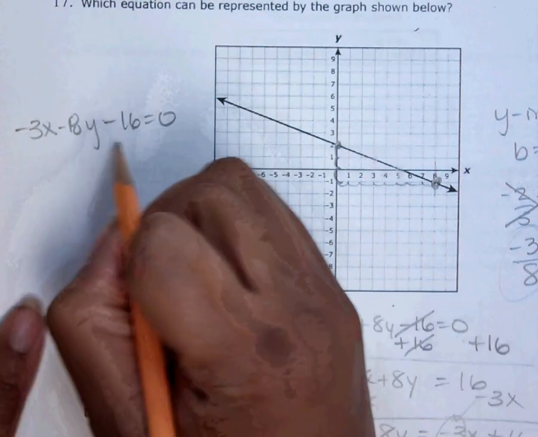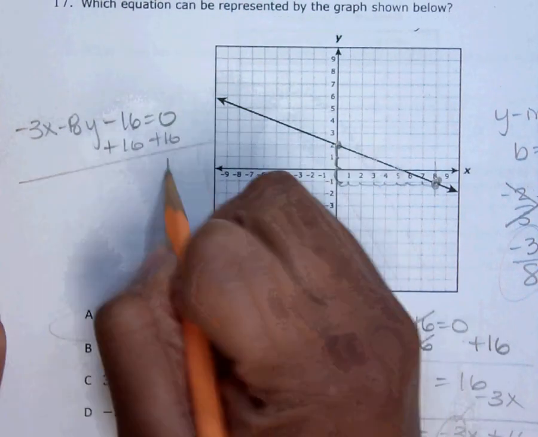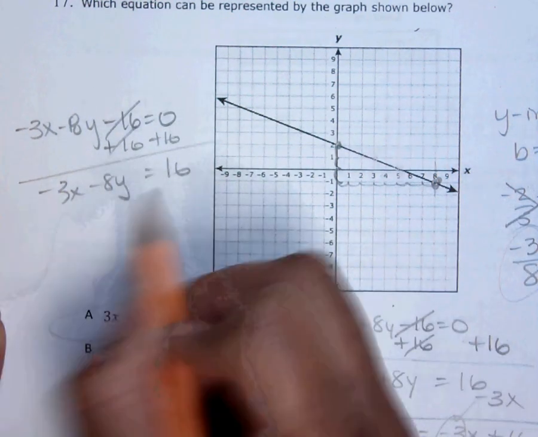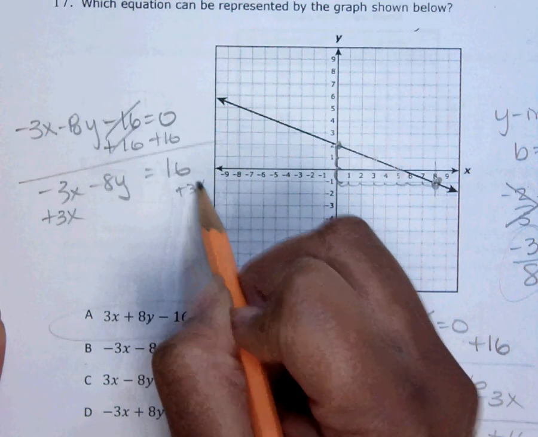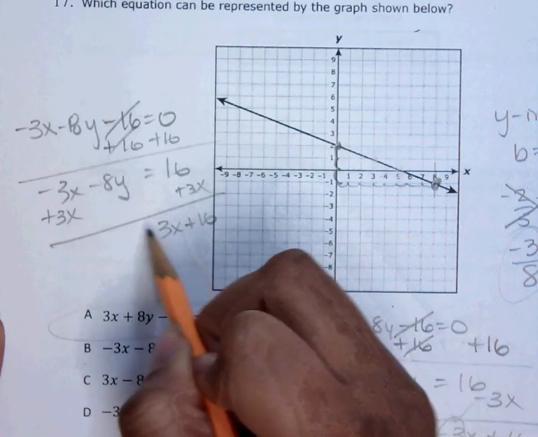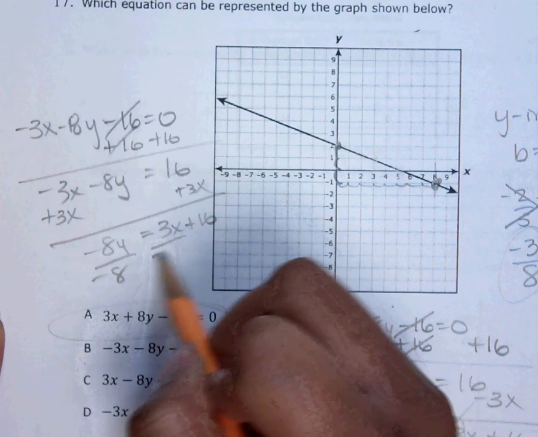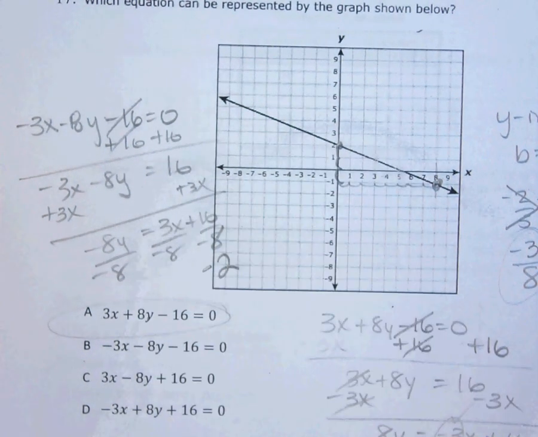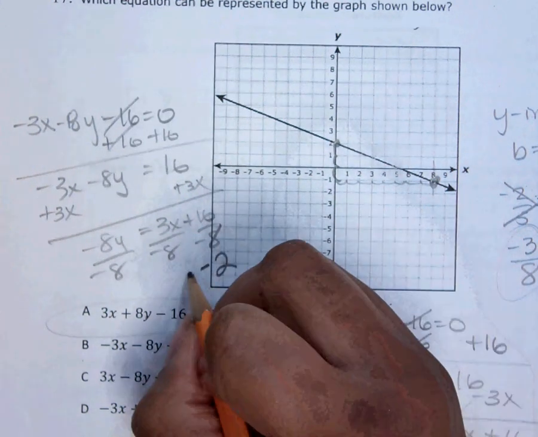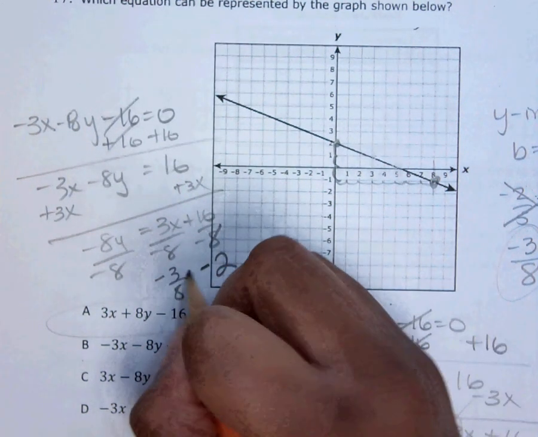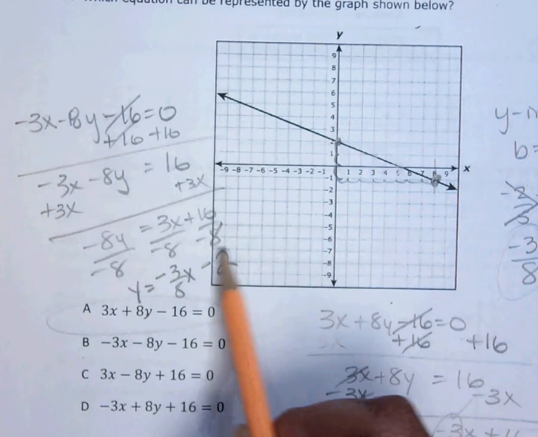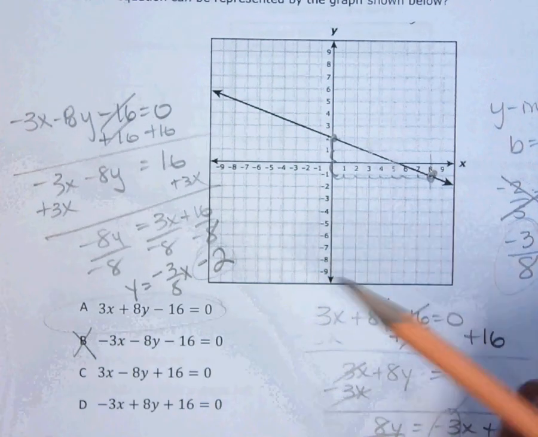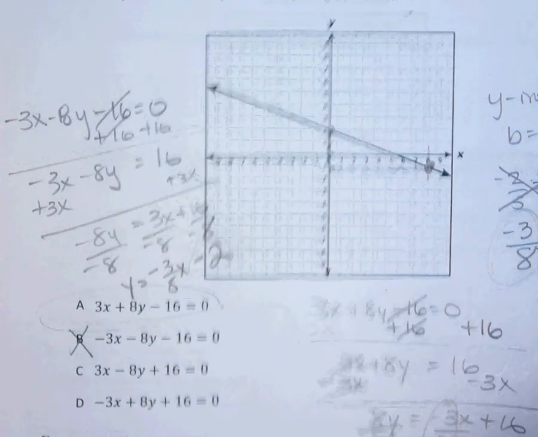So I'm going to add the 16 over, and I get this, add 3x, and that's 3x plus 16. Remember, you can't put those together. I divide by negative 8, and that gives me minus 2 for that. And then that gives me negative 3/8x. But I'm supposed to have a positive 2, so I know it's not me. And then you can check C and D, but the answer is A.